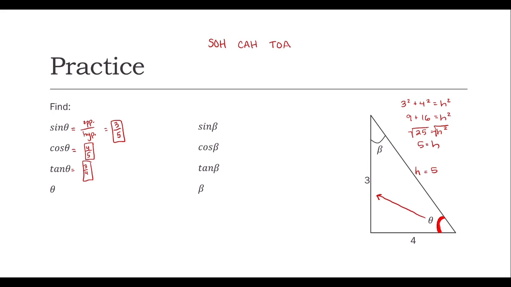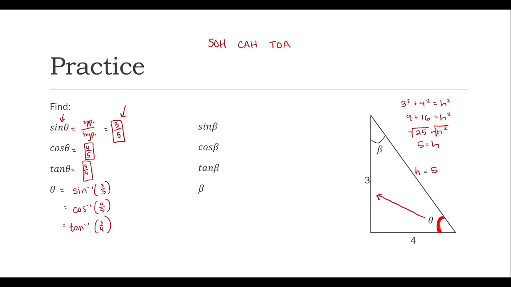We can use any of these functions to find theta if we do the inverse of this ratio. So theta equals sine inverse of 3/5. It's also equal to cosine inverse of 4/5 and tangent inverse of 3/4.